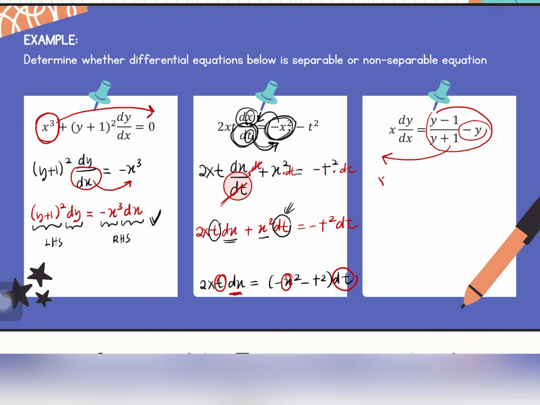Dia akan jadi x dy over dx equal to y minus 1 bahagi y plus 1 tolak y darab y plus 1 bahagi y plus 1. Okay, so sekarang dia dah sama penyebut, dia jadi x dy over dx sama dengan y minus 1 minus y darab y plus 1 bahagi dengan y plus 1.